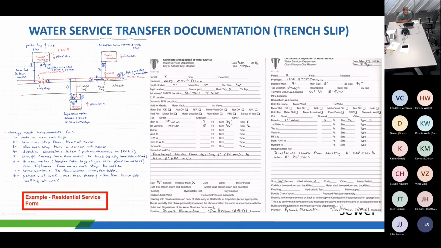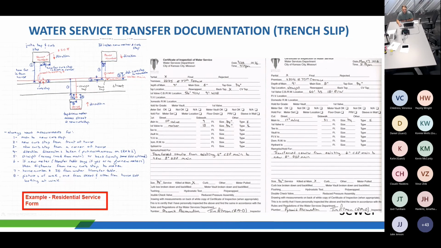All right, so this is actually the trench slip. I kind of was throwing this out there in the remarks and giving you a sneak peek for this, and this is with the remarks about getting that transfer, the house transfer done and complete, that service transferred from the existing 6-inch CIP and going to either 6-inch DIP or 8-inch DIP.